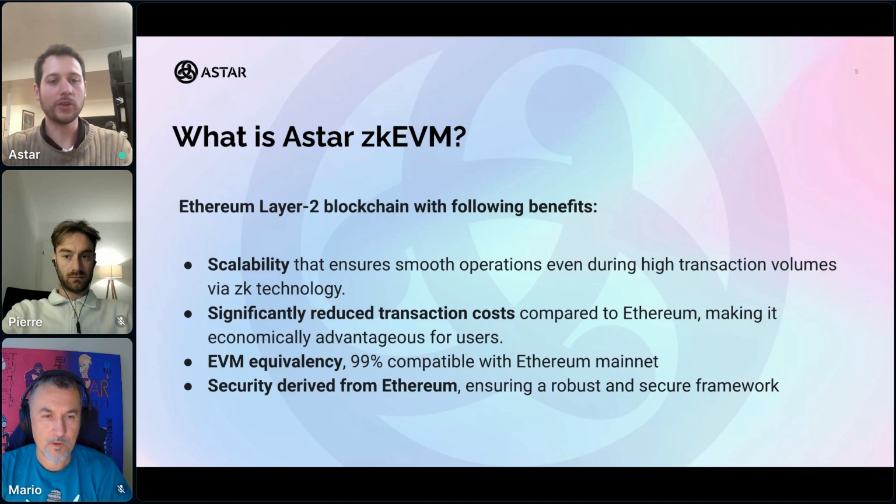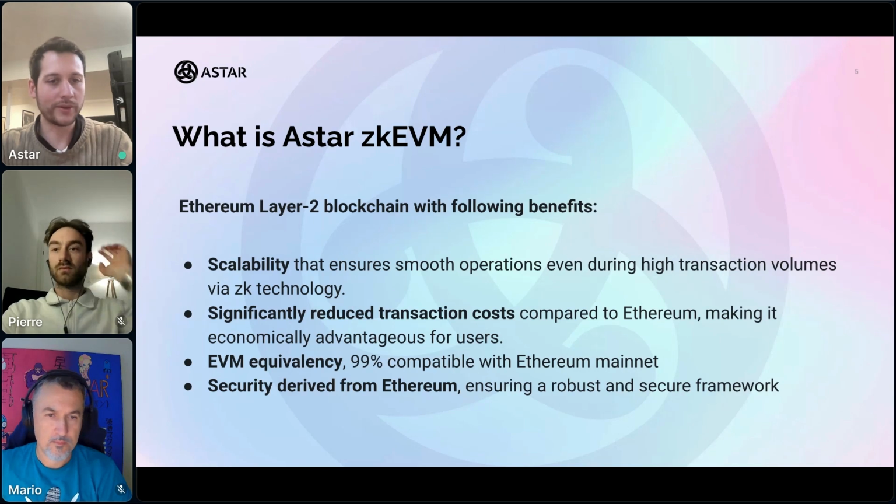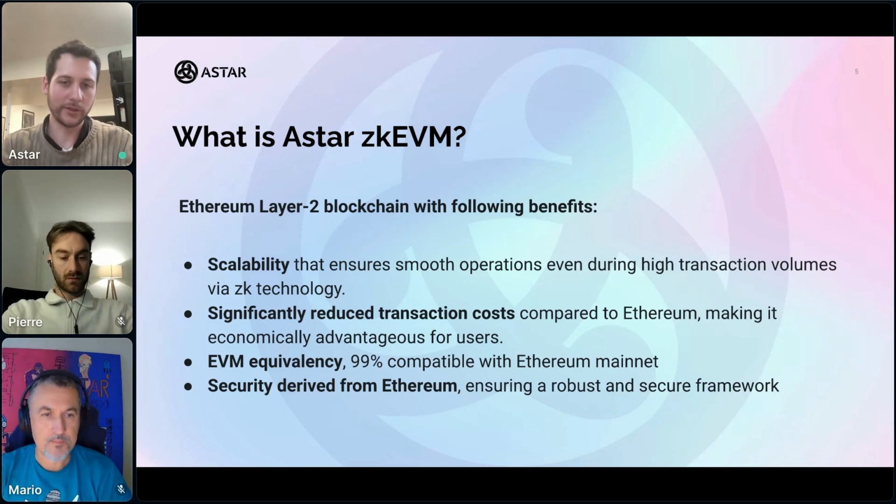Still, it's EVM equivalent, so 99% of the tooling or anything you would do on the Ethereum mainnet, you can just use on Astar zk EVM. And probably one of the most important things, it derives its security from Ethereum mainnet. So you can build on Ethereum and still have that security.